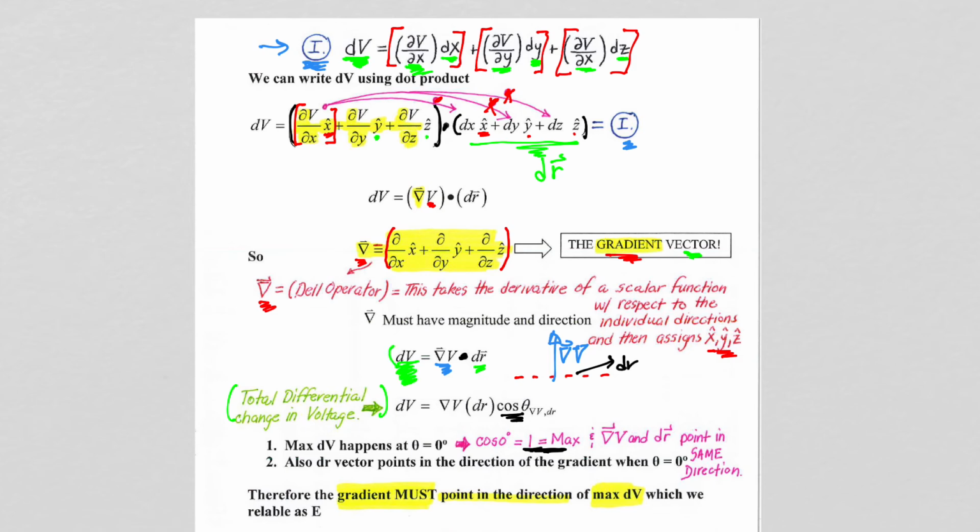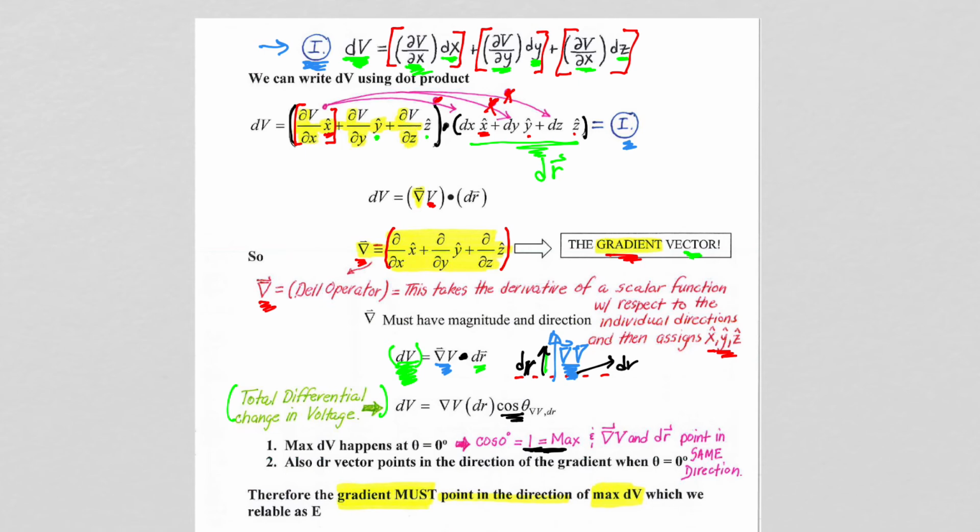Like this green guy over here, that's the most important part to us. The maximum change in voltage happens when the dr lines up with the del V. So that del V is actually fixed. That's what this is showing us.